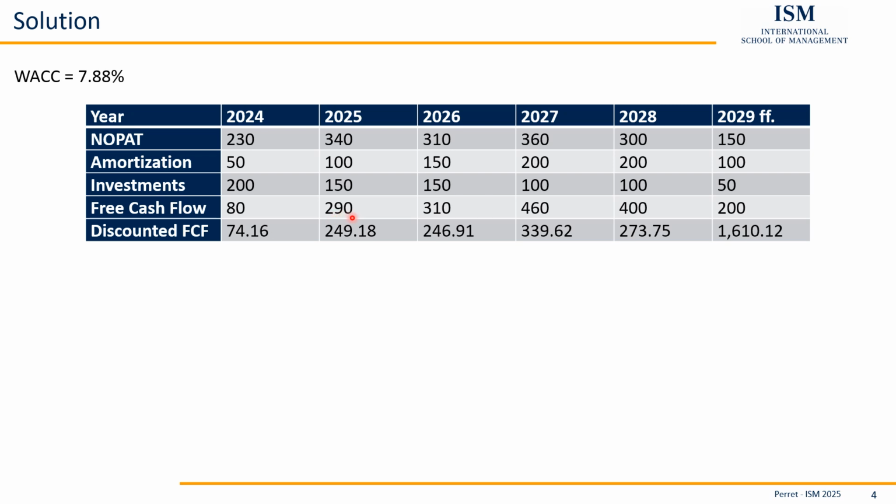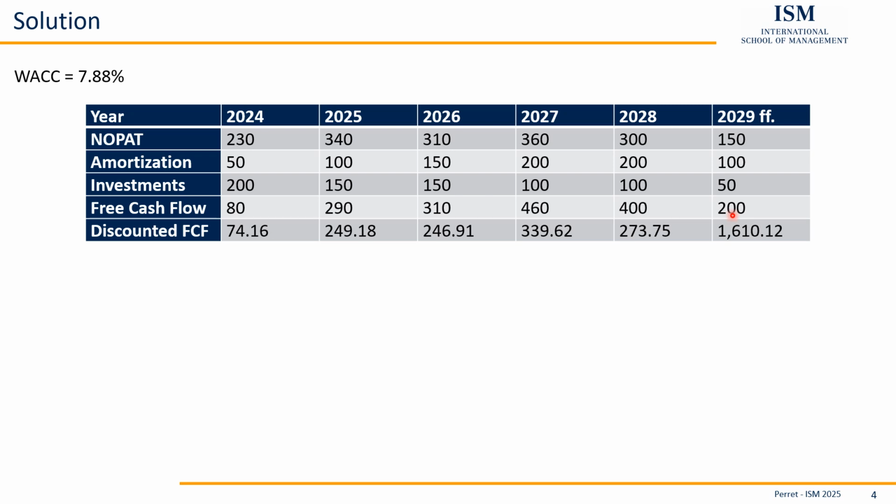Here 290 divided by, in parentheses, 1 plus WACC, parentheses closing, to the power of 2, because it's second year. Here in the third year, 310 divided by 1 plus WACC, in parentheses, to the power of 3. Here we do it with power of 4 and power of 5, giving us these 5 discounted values.